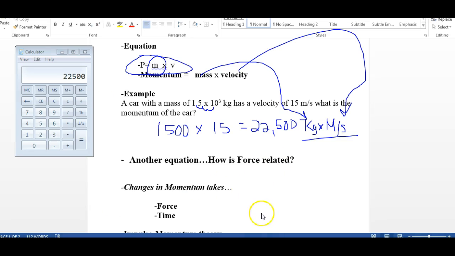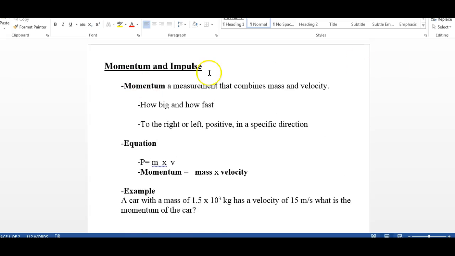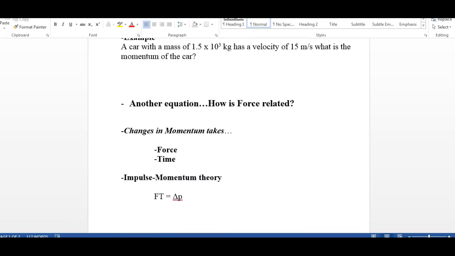But the next topic to talk about is this idea. If you remember at the beginning, we talked about impulse. And so if we add that here, this is saying how is force related to momentum, and that's really talking about something called impulse.